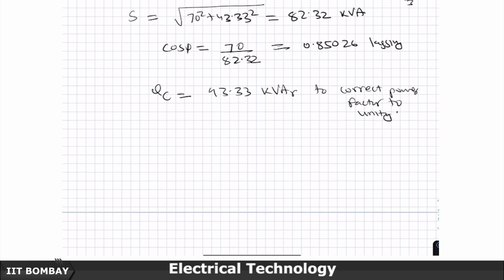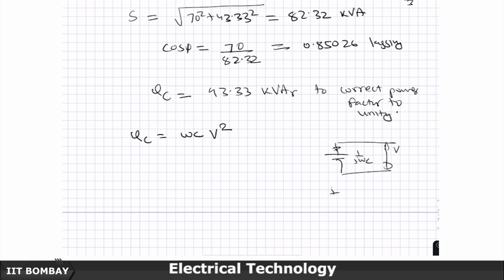So, this QC value is nothing but equal to omega C V squared, is it not? Because this is in shunt. So, this capacitor is in shunt, its impedance is 1 by j omega C, the supply voltage V is impressed here.